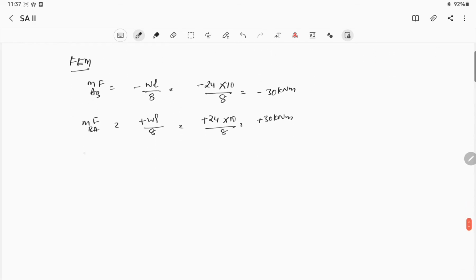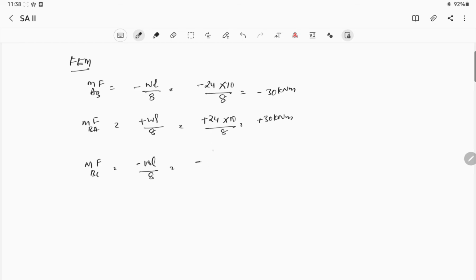Okay. Next we have MF BC, which is equal to minus again WL by 8. So minus W into L, L is 10.